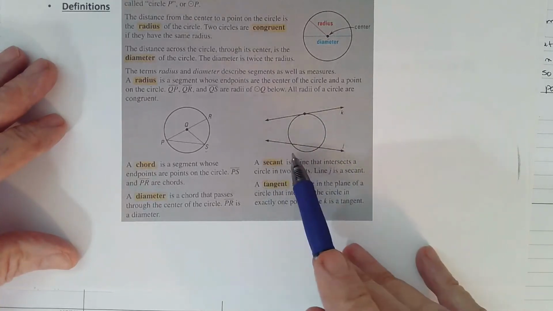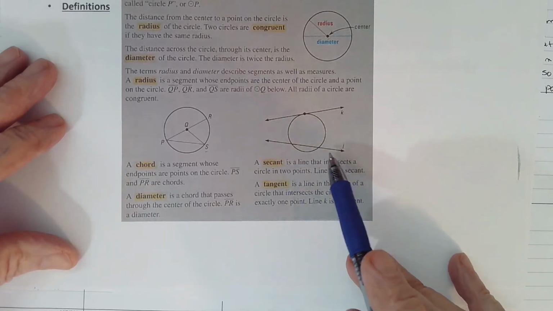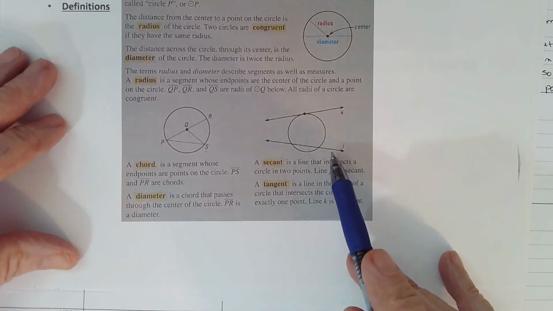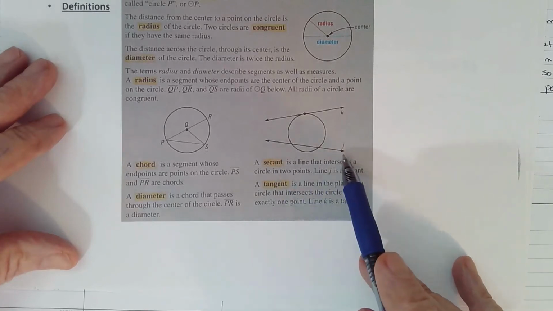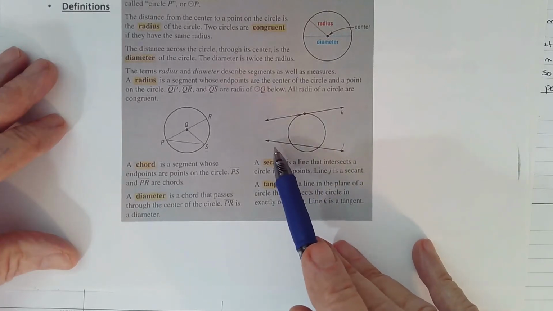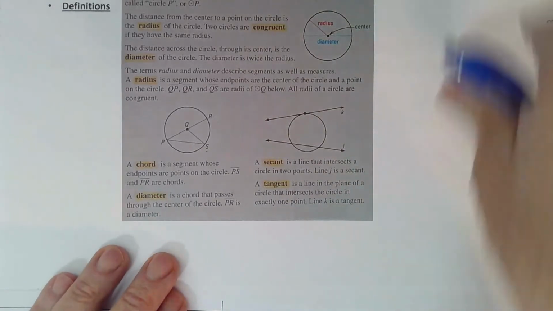A secant is a line that passes through the circle. It would have to include the two edges of the circle, so one point on each side. A lot of times secants don't go all the way through on both sides, but they do have an outside portion, an outside segment. So we'll be looking at that. All right.